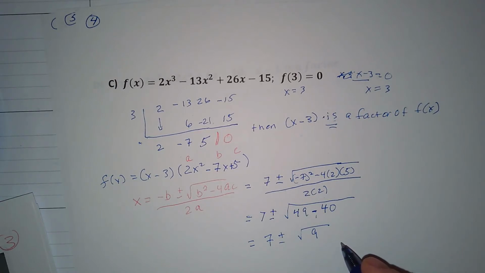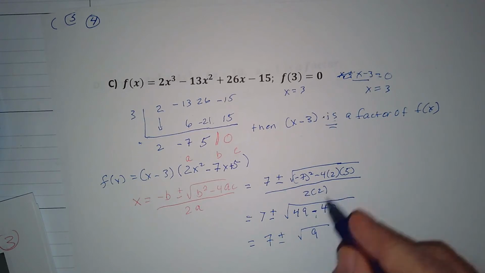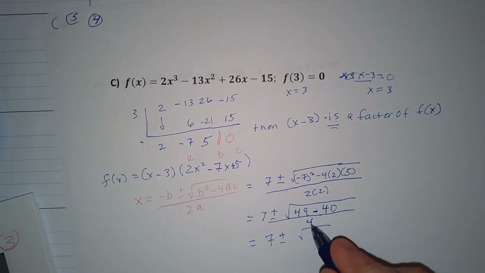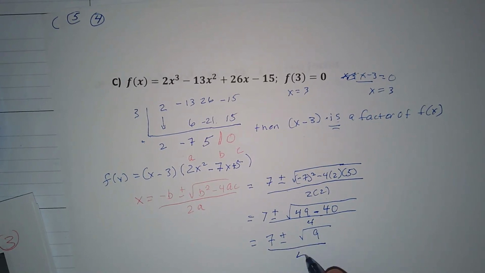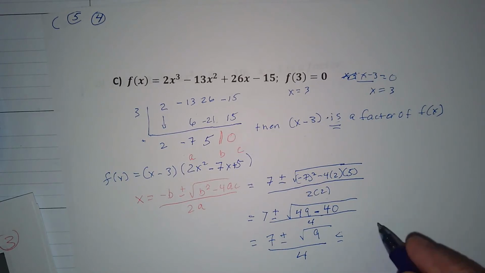Now, this is all divided by 4. 2 times 2 is 4. So divided by 4. This is all divided by 4. Now, when we do something like this, you'll remember this is 7 divided by 4, plus or minus 3.